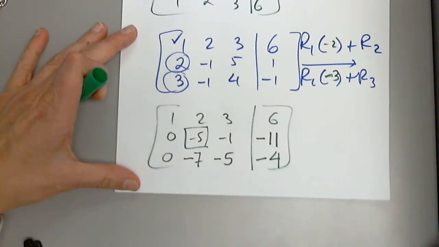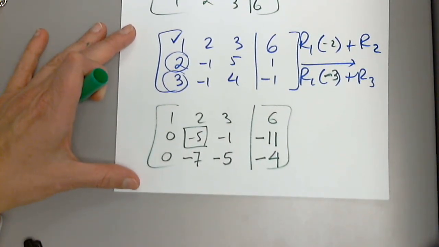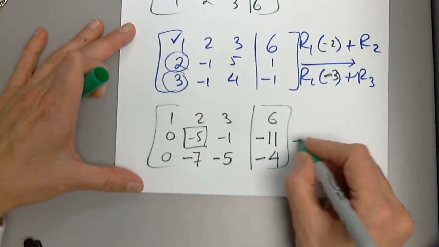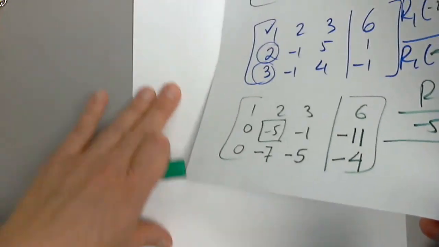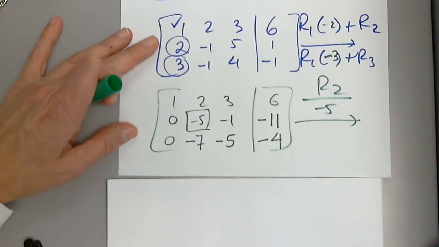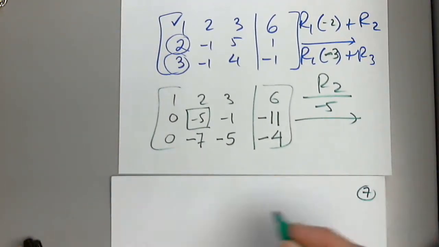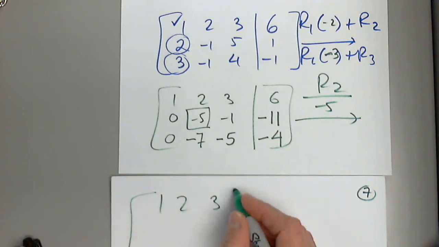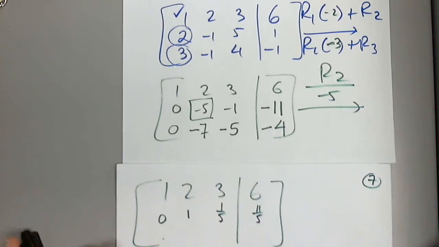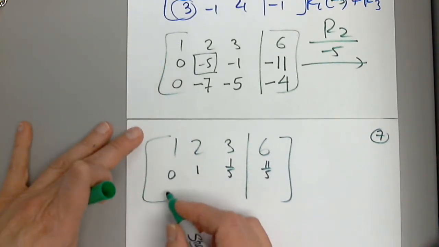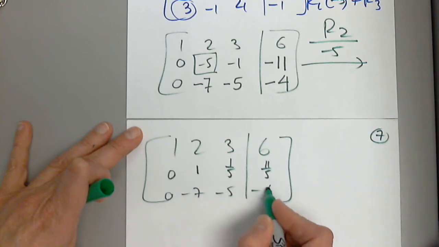I need a 1 in here, so you multiply by negative 1/5, or row 2 divided by negative 5, the same identical thing. So 1, 2, 3, 6, 0, 1, 1/5, 11/5, 0, negative 7, negative 5, negative 4.